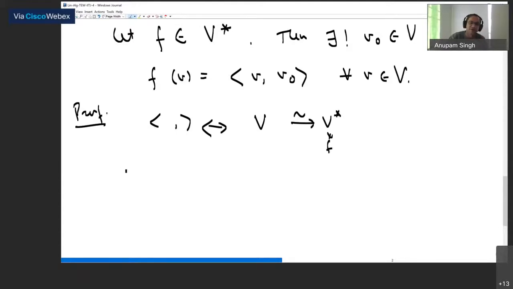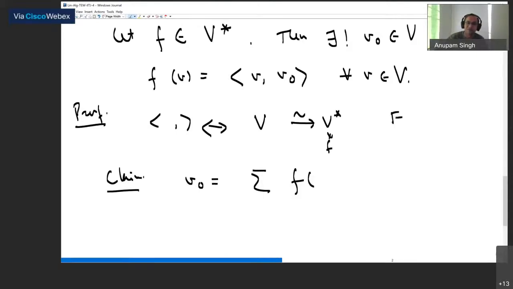So let's do that. I have to tell you exactly what we know. My claim is that we take v naught to be as follows. I know the value of f. The proof will rely on fixing a basis.